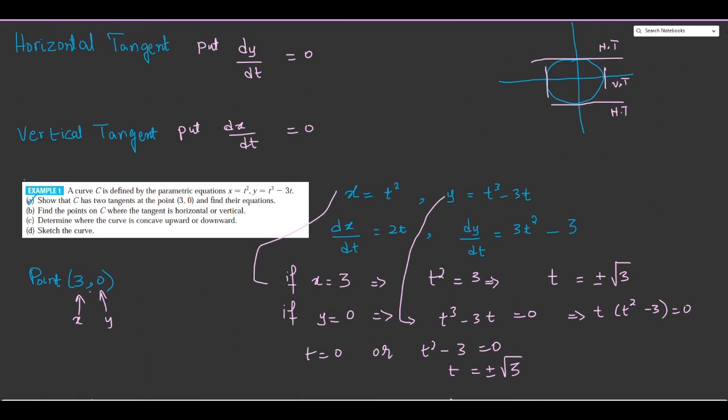Now look at the second part of this problem. In the second part it says: find the points on the curve where the tangent is horizontal or vertical.